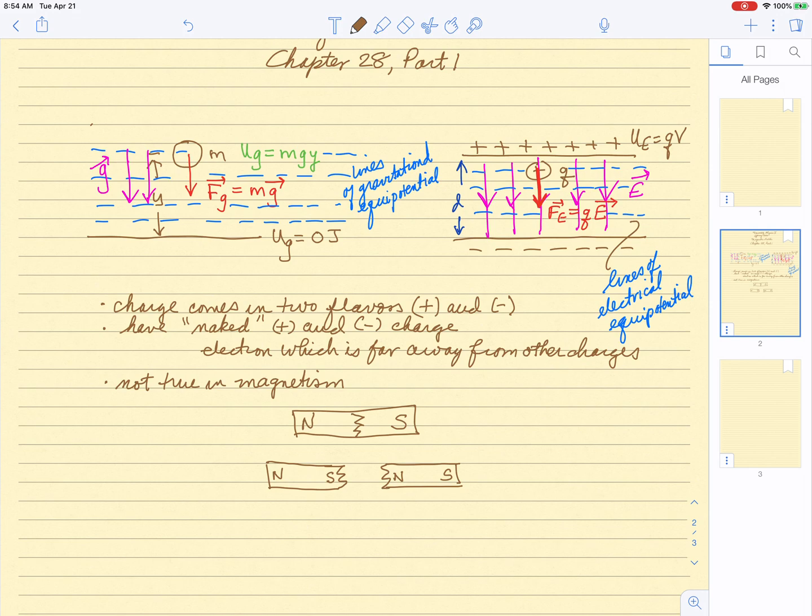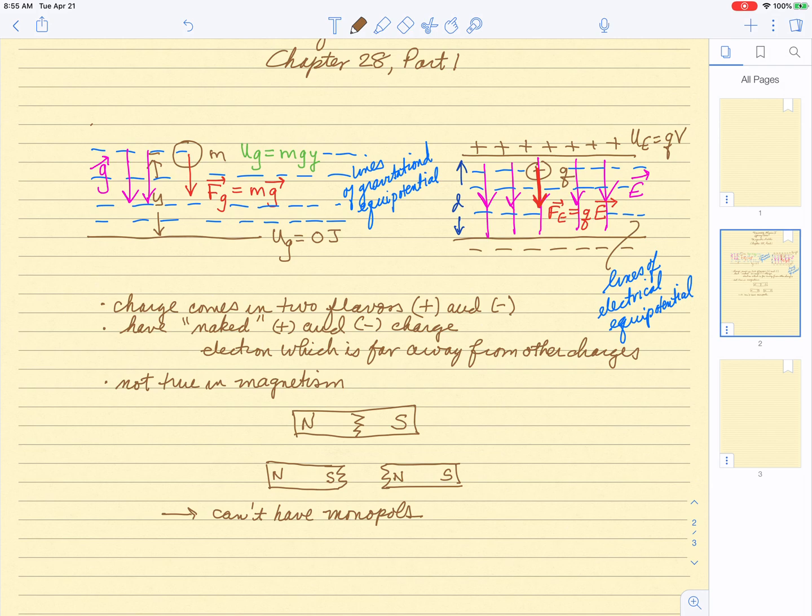And so it seems that nature has been a little weird here in the fact that we can't, at least at this moment in time, right, we can't have what are called monopoles.